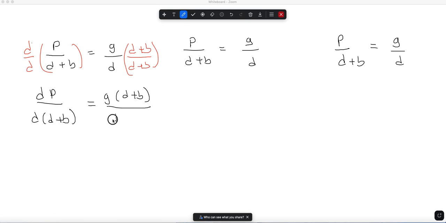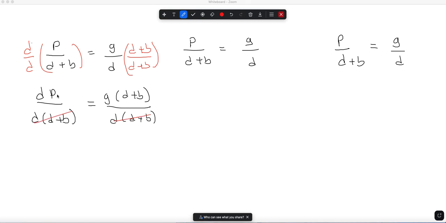And here we would have the same d plus b. So once I get here, I have this over this denominator equals this over this denominator. Assuming that whatever would make the denominator 0, I would have to exclude if I were being really proper about this, but we're not.